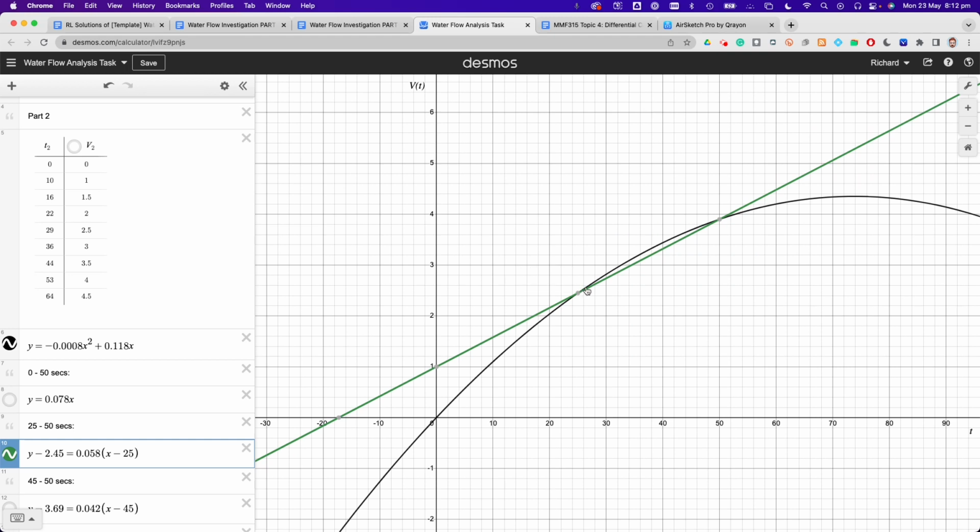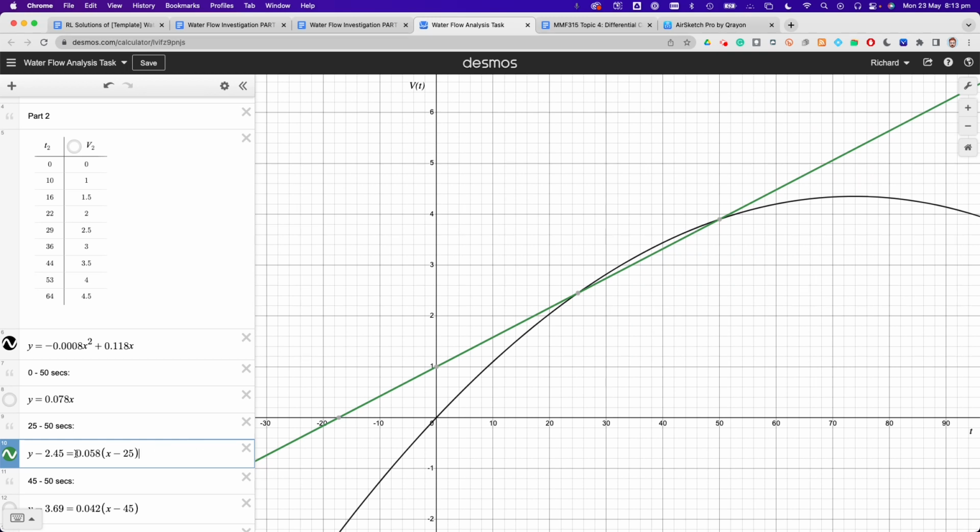We've got a better sense that this is a better approximation of the graph because it's closer to the curve. Here the curve is quite far from this line, but here the curve is just over the green line, so we would say this is a better approximation.